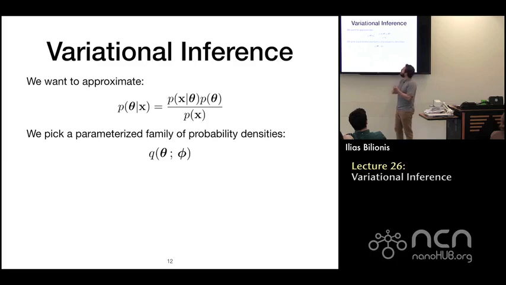So if you like, if this is the family, let me draw something like that. If this is the family of probability distributions, Q theta phi, characterized by phi, and this is the true distribution, P theta x, you're kind of trying to find the probability distribution that is closest to the true one.